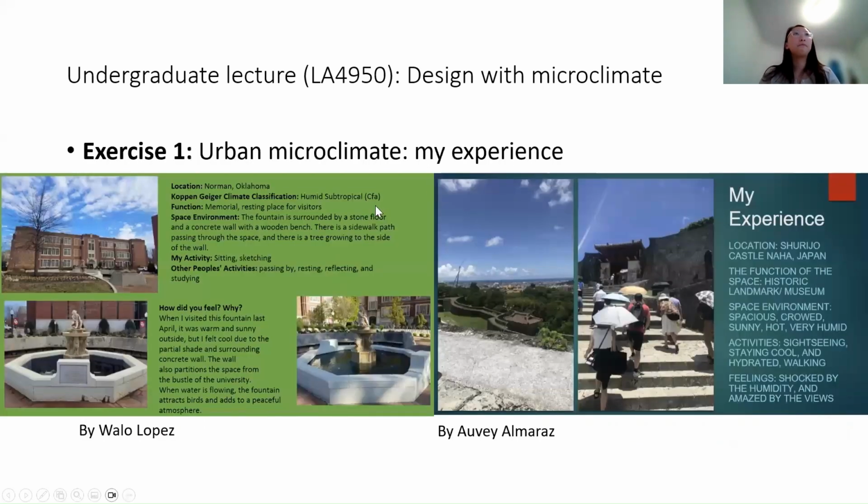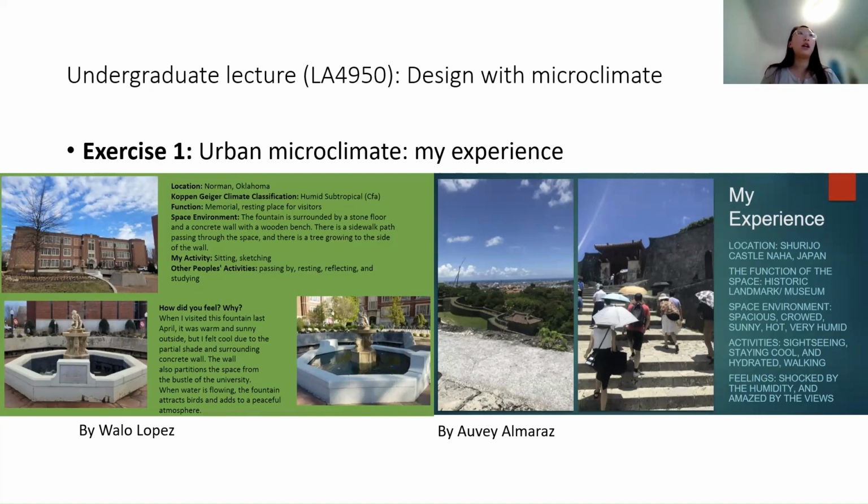All right, talking about the students' exercises, I have something to demonstrate. For example, the first exercise, we ask the students to do Urban Microclimate, My Experience. This is at the beginning of the semester, and we ask the students, based on your experience and your memory, it can be somewhere during your travel, or your daily routine, where every day you went somewhere and felt comfortable or uncomfortable.